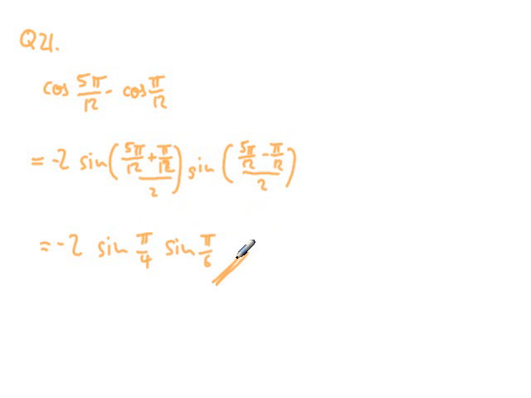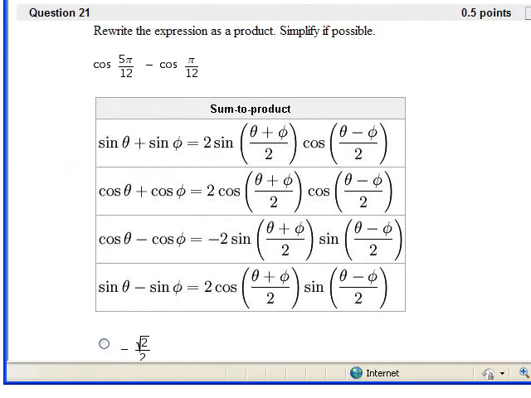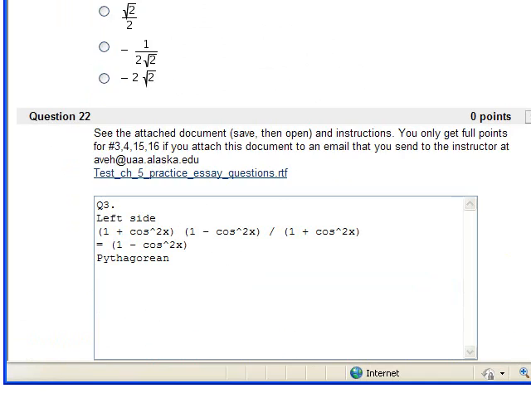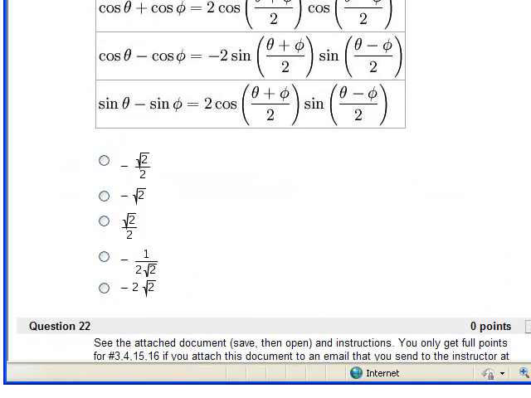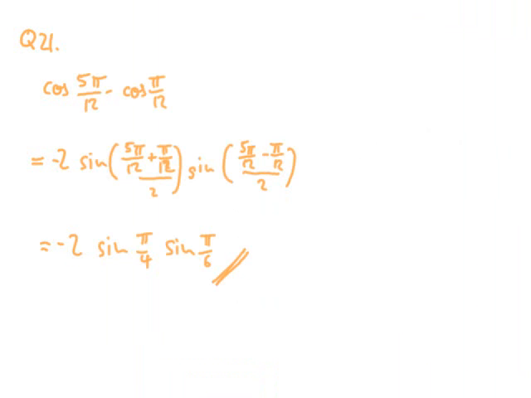That's the answer, and that particular one is going to be, okay, I see what happens. All right, so negative 2, and then sine pi over 4 is the same as sine of 45 degrees, which is the square root of 2 over 2. I see, okay, and this one here is sine 30 degrees, which is 1/2.